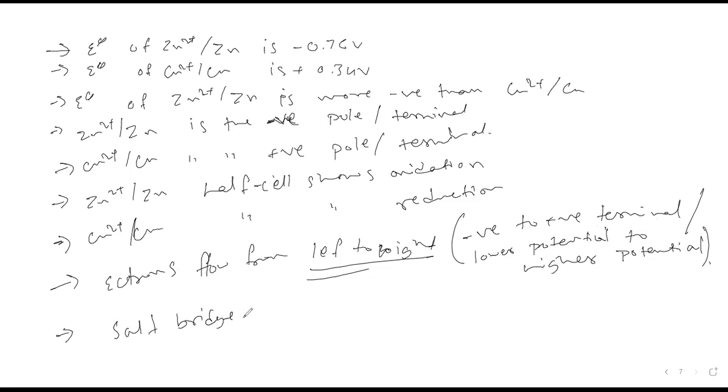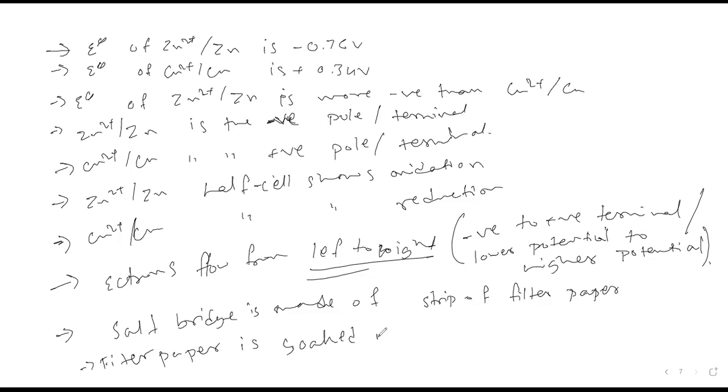The salt bridge is made of a strip of filter paper. This filter paper is soaked in a solution of either KNO3, NaNO3, K2SO4 or Na2SO4.